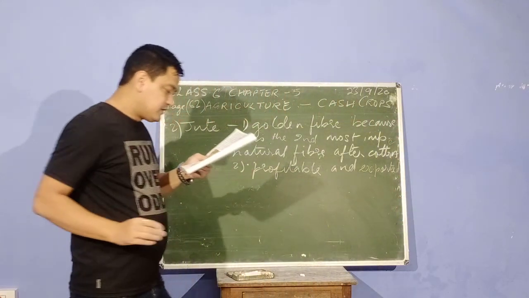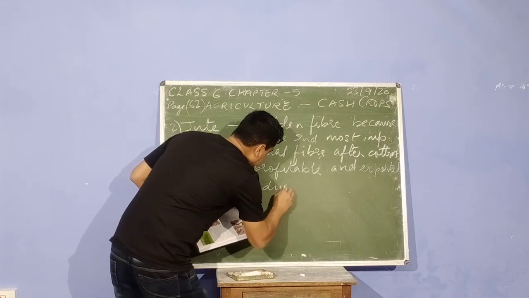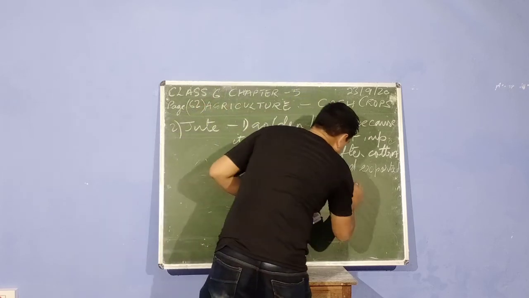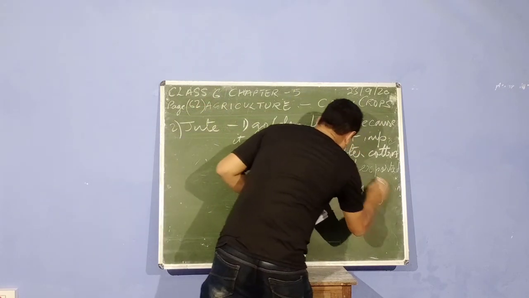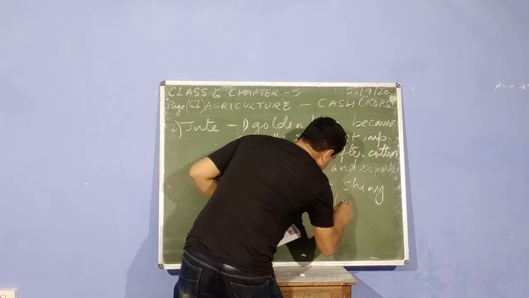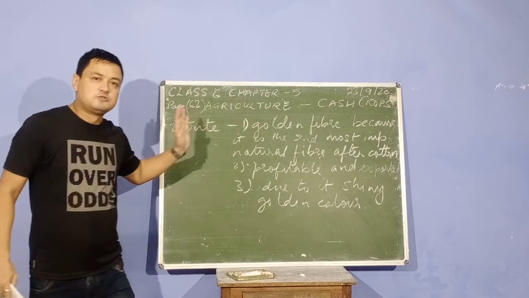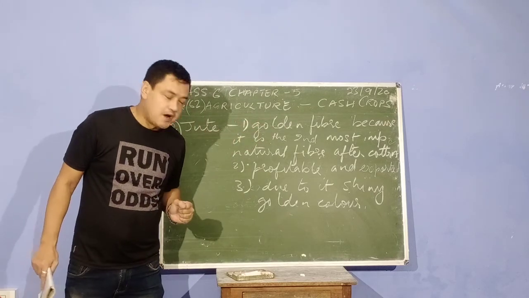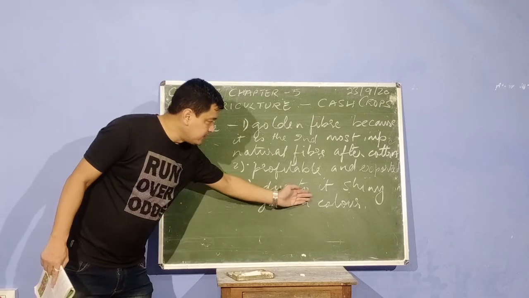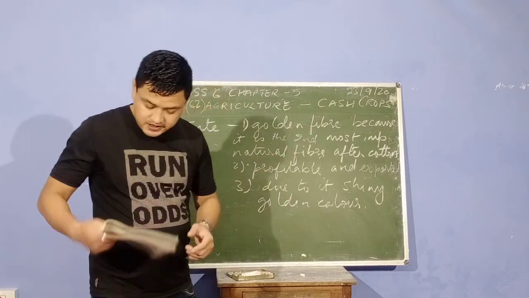The third point is due to its shiny golden color. Therefore, these are the things which make jute a golden fibre. You can read the code also. Profitable and exported, and due to its shiny golden color, it is called the golden fibre.